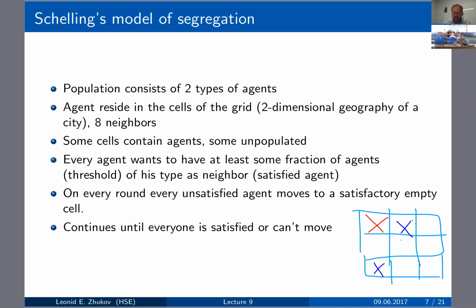And I'll just put a few of those. And the idea is that an agent, let's say we're going to focus on this one right now, has neighbors, and overall an agent can have 8 neighbors, and some of those neighborhood spots can be empty.